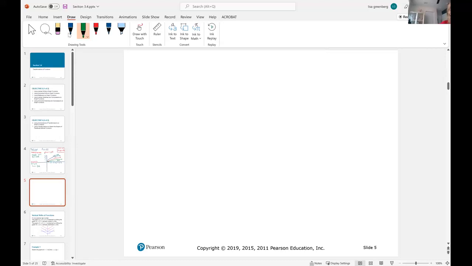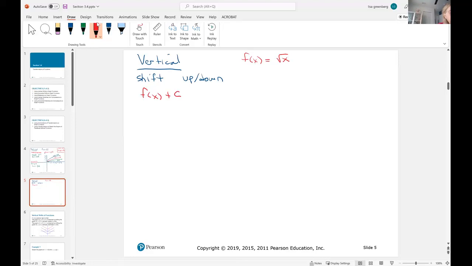Okay, so then also vertically, we could have a shift. So if I'm shifting vertically, then I'm shifting up or down, right? So we can use the same square root. So we'll say f of x is equal to the square root of x. And if I want to do a shift, what I'm doing is saying f of x plus, and I should have probably called it c, but I'll just say c is the constant, okay?